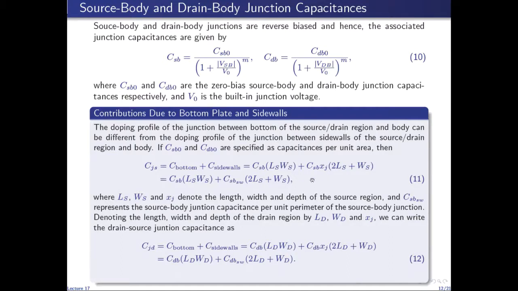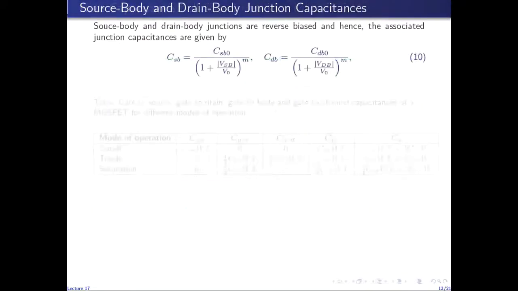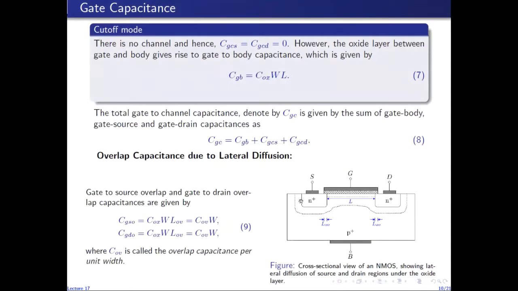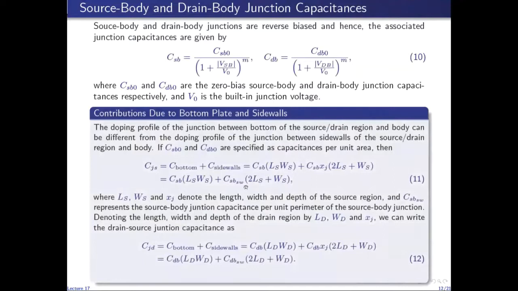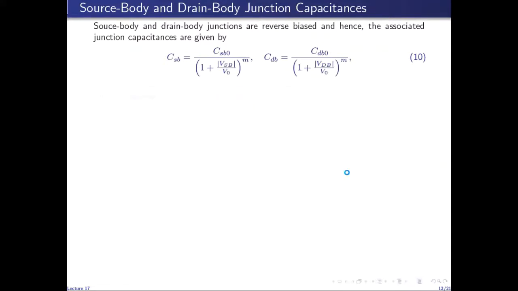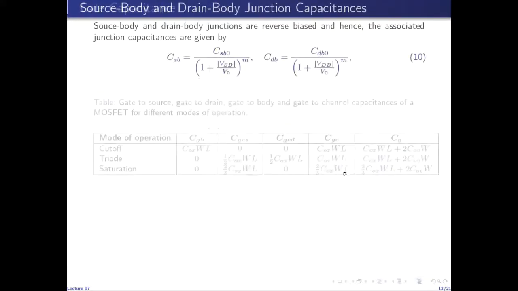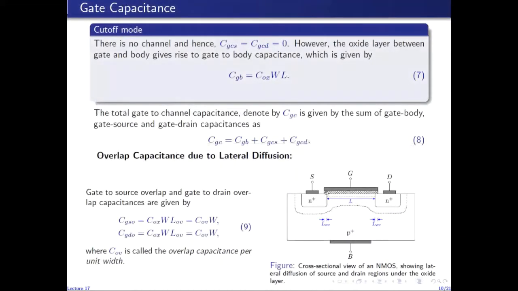If we denote the depth of the source region within the substrate, this vertical dimension, by xj, then xj times LS will be the area of the front side and the back side.